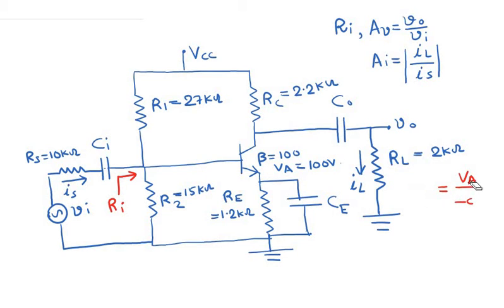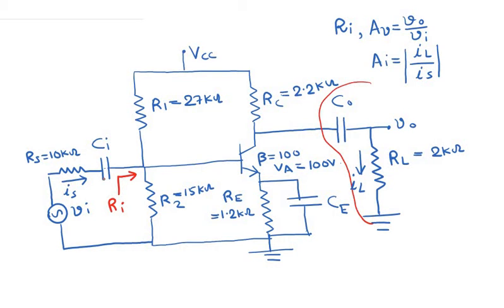So let us first do a DC analysis of this transistor amplifier. Remember that for DC analysis, this C0 acts as an open circuit, so this part of the amplifier does not come into the DC picture.